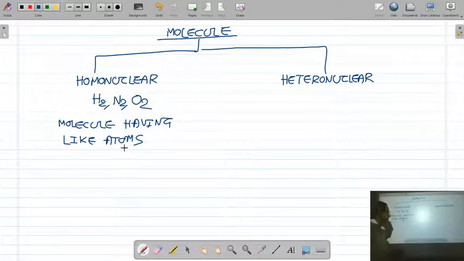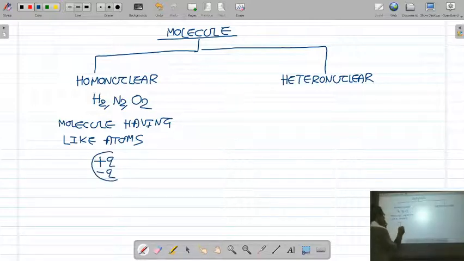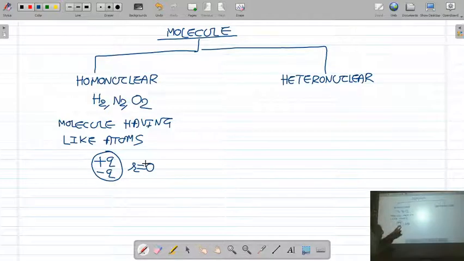In homonuclear molecule, the center of positive charge and center of negative charge coincide. So the separation between two charges is zero.